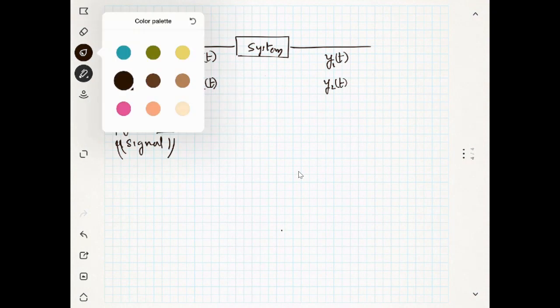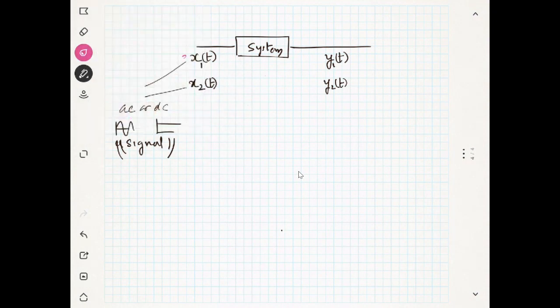If you give a into x1 of t, suppose you have a sinusoidal voltage with amplitude 1, and you multiply it with a, then the maximum amplitude becomes a. So a into x1 of t gives a into y1 of t.